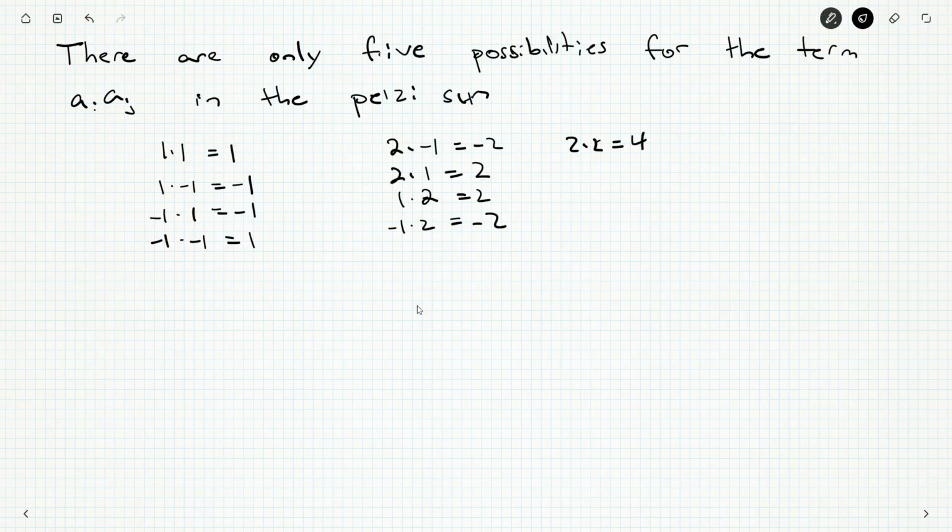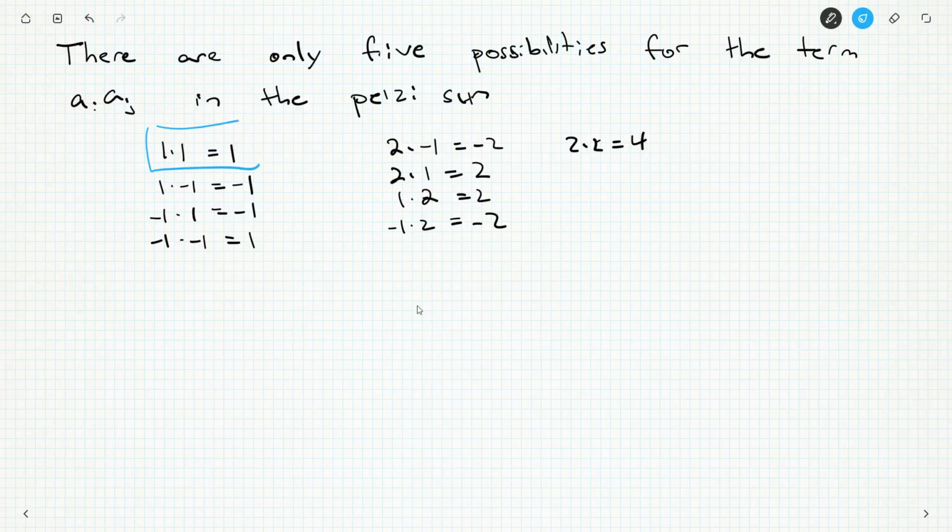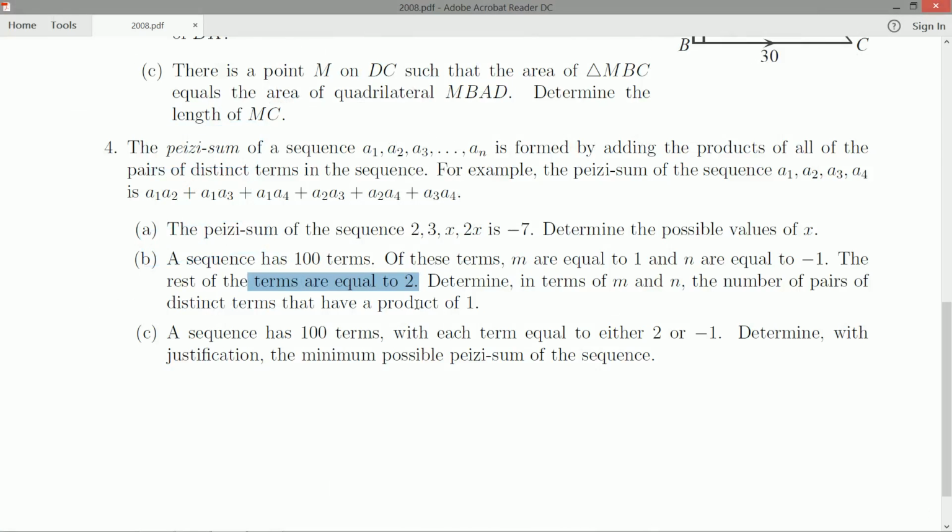Okay, we've listed out all the possible things we could have, and we take note that the ones that have a product of 1 will only come about from a negative 1 times a negative 1 and a positive 1 times a positive 1. And they were just asking about 1, not negative 1 as well, correct?